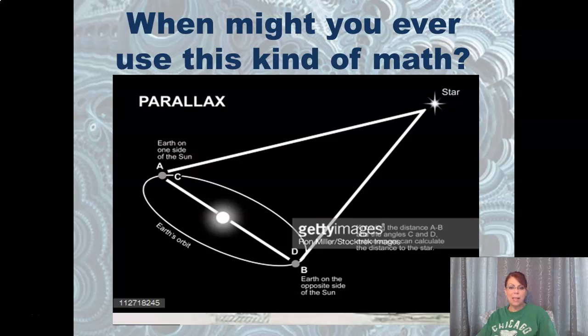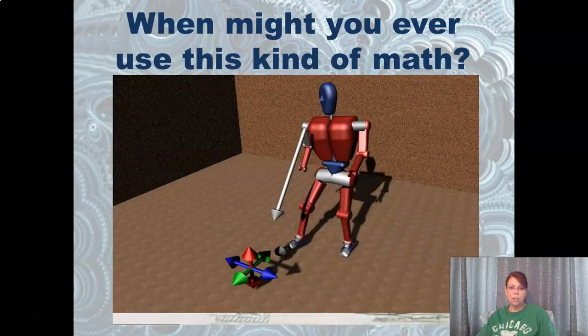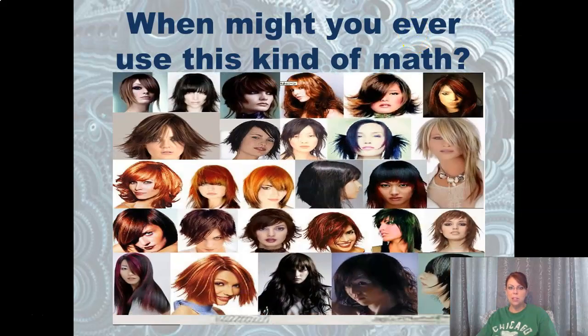If you want to be a scientist, an astronomer, if you want to be a gamer or a web designer, if you want to work on the internet with coding, you would use this kind of math in developing software and technology. If you want to be involved in any kind of beauty school, if you would like to go into cosmetology, you will use this kind of math.